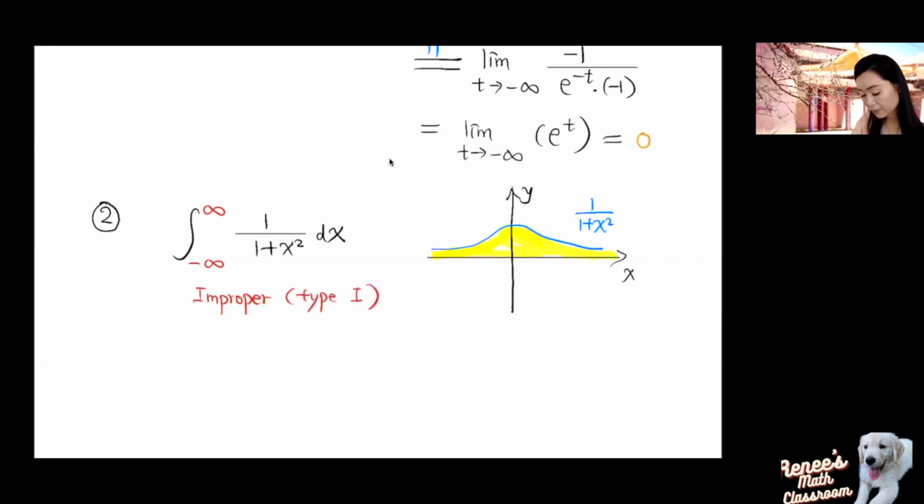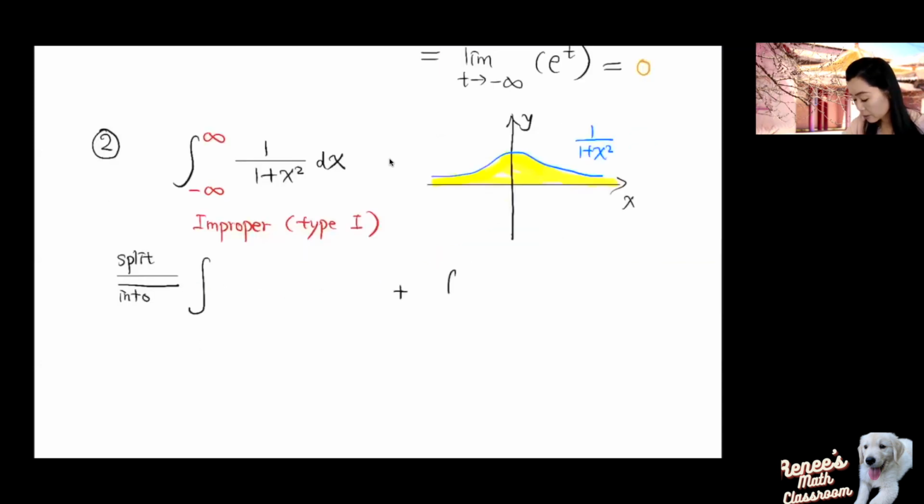You split this. So we're going to split it into these two integrals, one from negative infinity. Notice that this function is continuous on all real numbers, so let's choose 0 as the point where we split them.